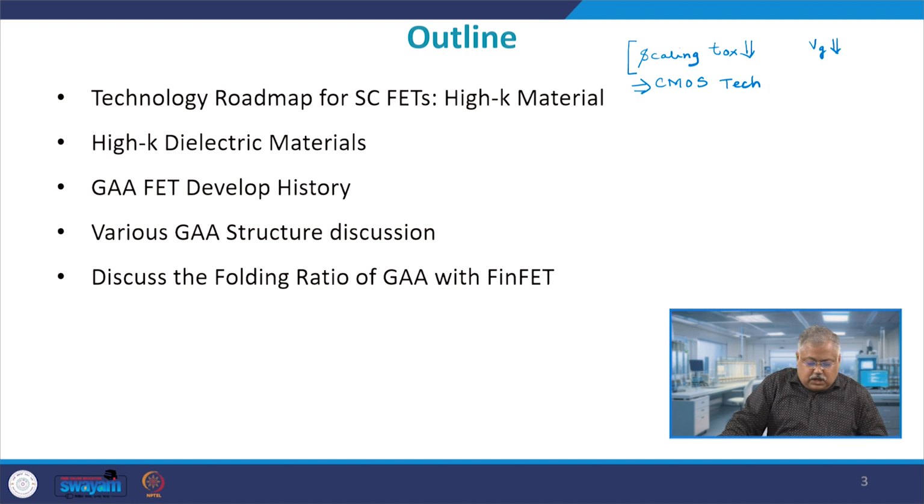For all your CMOS technology, reducing the value of Tox is a very effective way of improving the characteristics of the device. Now, in the past quite a few decades, we have seen the reduction in the thickness of the silicon dioxide dielectric has enabled a large increase in the number of transistors per unit area, right? Which means that the device density has actually increased.